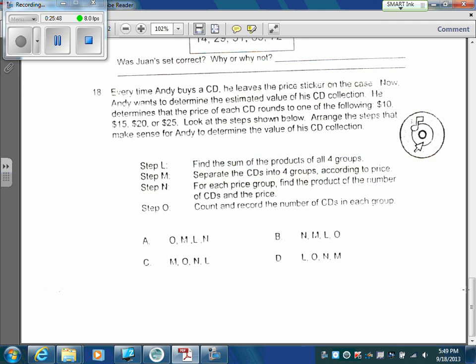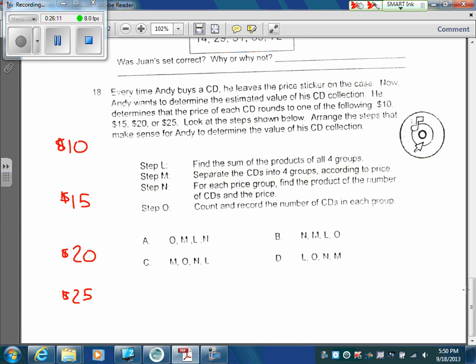Well, the first thing, imagine you have a huge pile of CDs. They're all priced different things. What would you do first? Well, first, I want a pile of my $10 stack. I want a pile of my $15 stack. I want a pile of $20 stack. And I want a pile of $25 stack.